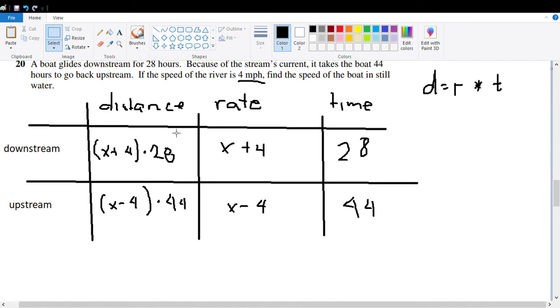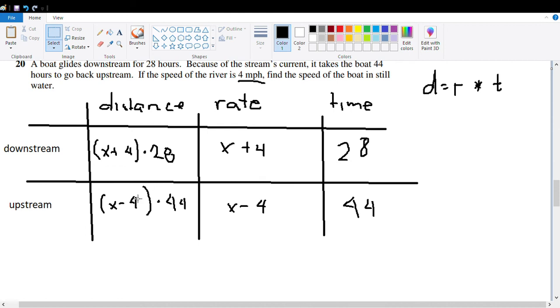Now that we figured it out, what do we do next? Well, you have to do some critical thinking. First thing first, the boat is traveling the same stream, right? So the distance going downstream and upstream are the same. You get it? You follow through? Now that means whatever this is equal to this.